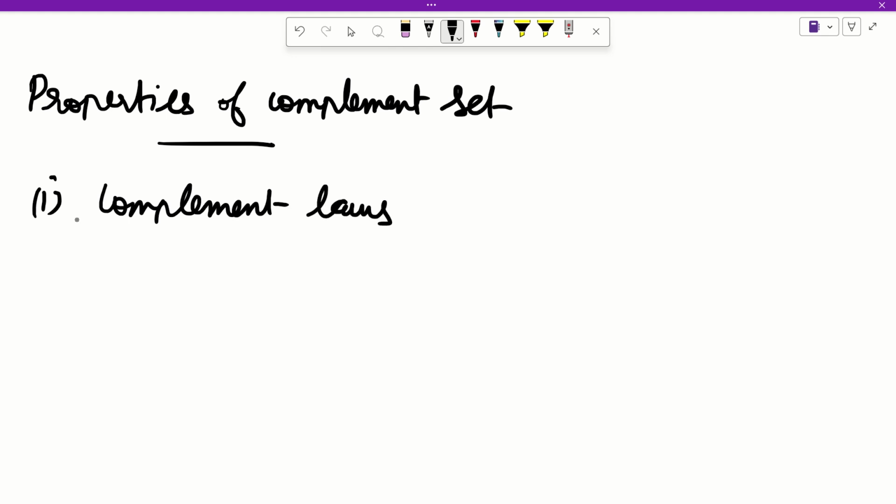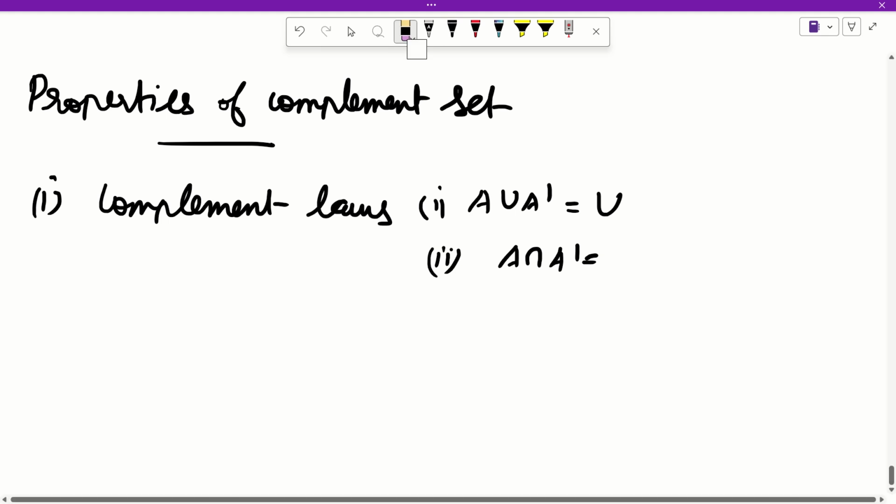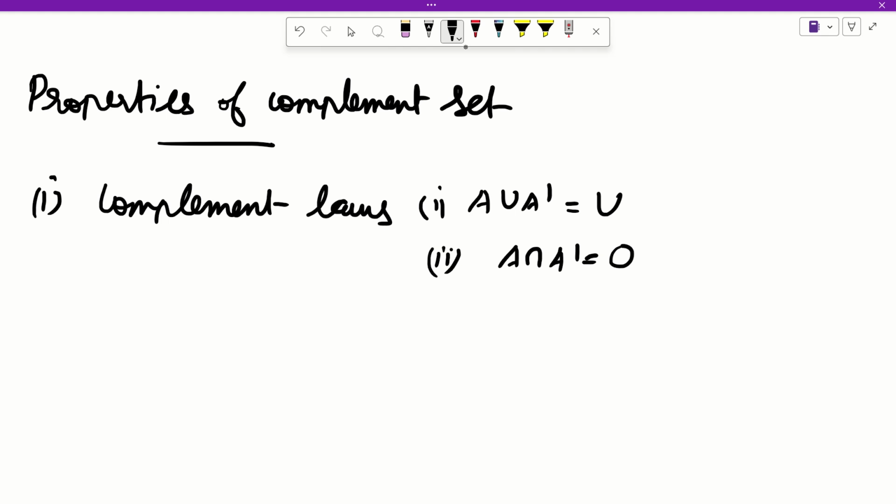The first one is A union A dash equal to U. The second one is A intersection A dash is equal to phi. Second is De Morgan's law.